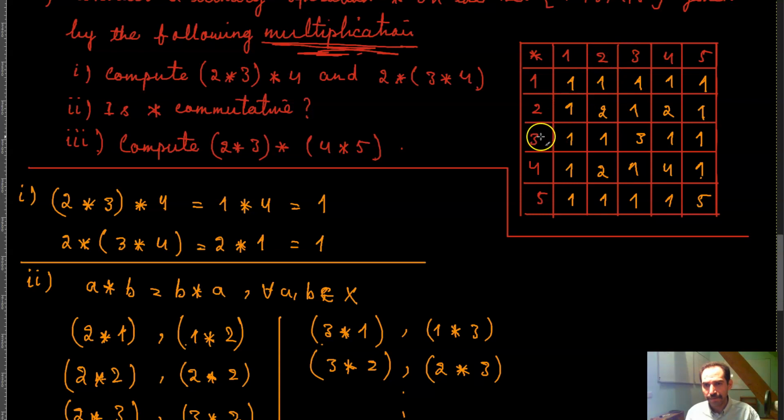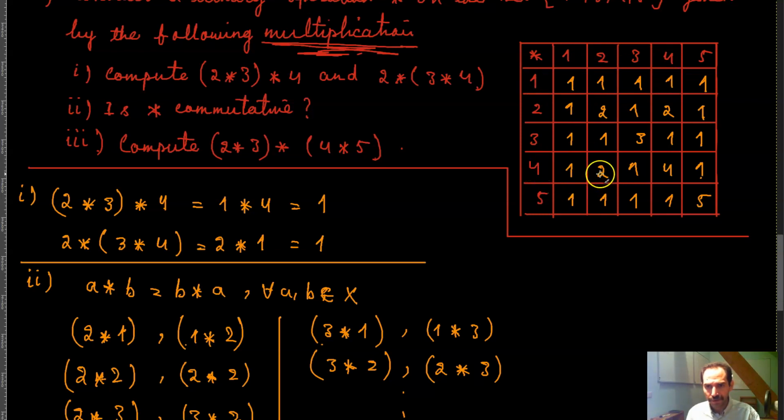And 3 star 4 is equal to 1. 4 star 3 is equal to 1. 3 star 5 is equal to 1. 5 star 3 is equal to 1. So we have no problem with 3. Now starting with 4, 4 star 1 is equal to 1. 1 star 4 is equal to 1.